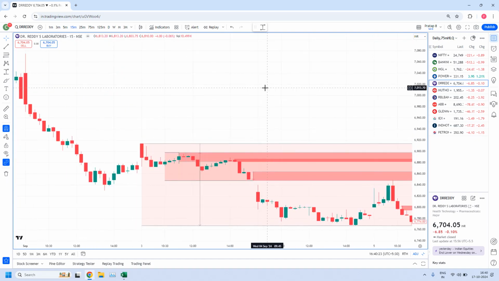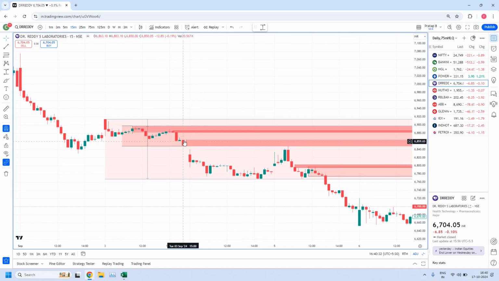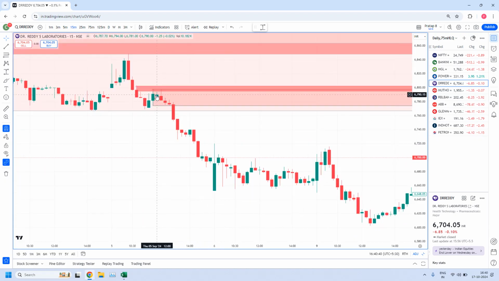Here again you can see 2 zones, a rally, base, 3 base candles, drop, and again drop, base, drop. And this is the one now. We have rally, 1, 2, 3, 4, 5 base candles and again a drop.